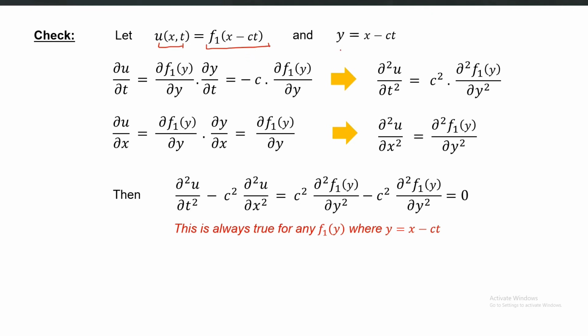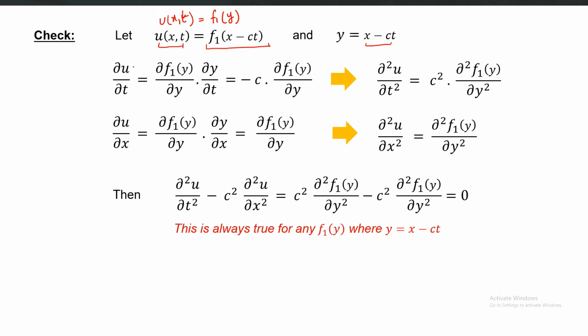For simplicity, let's put x minus ct equal to y. So basically we are saying that u of x comma t is equal to some f1 of y. Let's take the first partial with respect to t for this assumed form of the solution. So let's take partial over partial t.